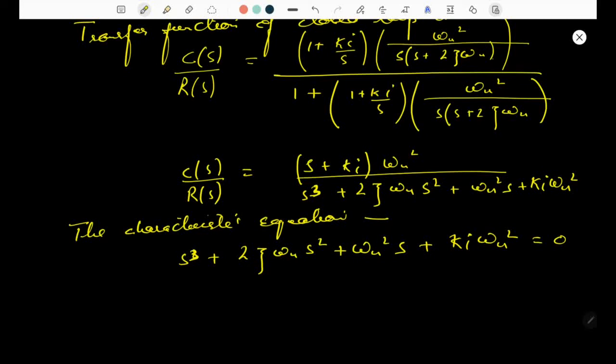So you can see that here the characteristic equation is of third order, since s cube is here.